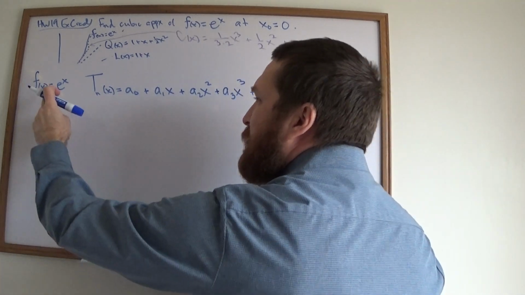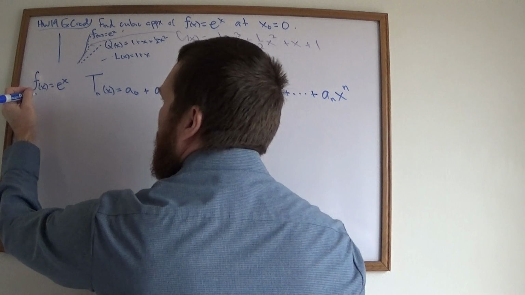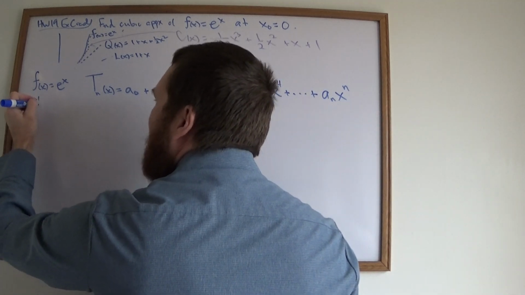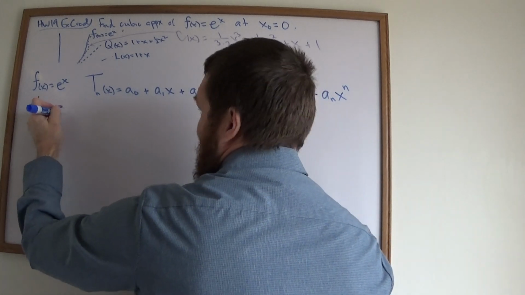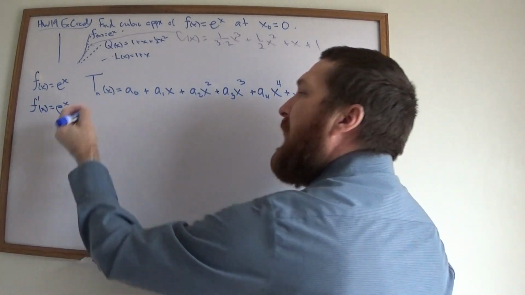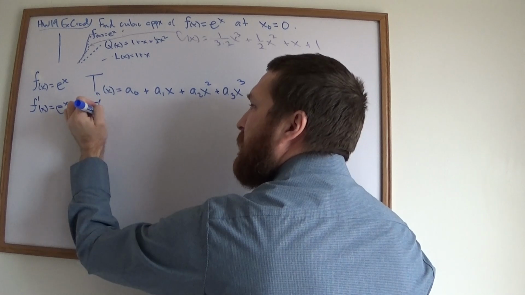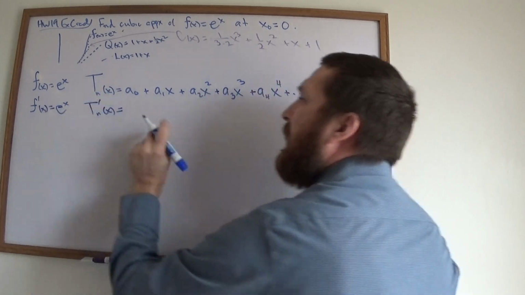I'm going to say the derivative of this has to be the same as the derivative of this, so I'm going to need to actually compute them. The derivative of e to the x happens to be a really easy one to do. Now let's take the first derivative of the polynomial. What do we get?